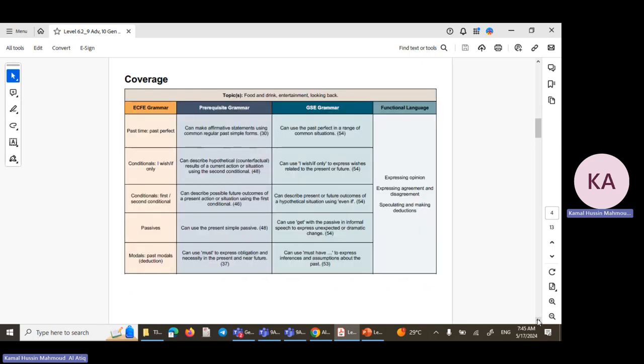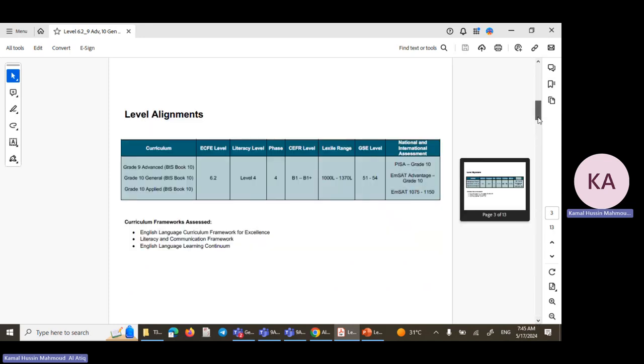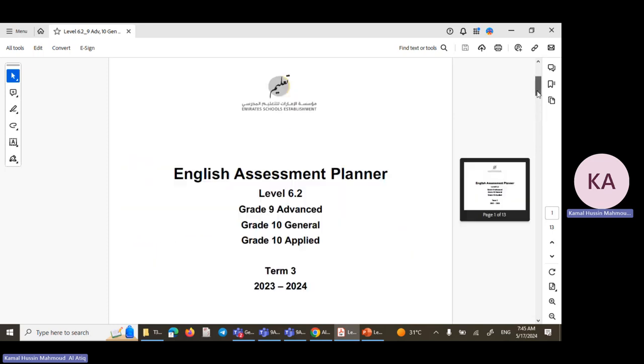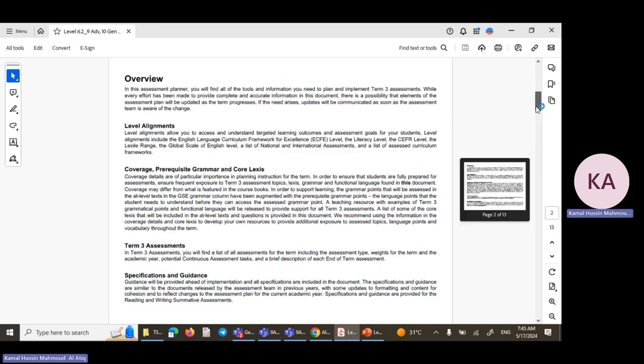Things that must be taken into your account: the grammar that must be covered, past time and past perfect, conditionals using I wish and if only, first conditional, second conditional, passives, modals that are used for deduction. These things are very important because in the planner, we have to focus on these things.